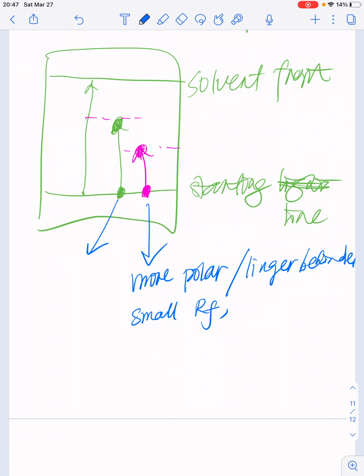And at the same time, the green dot will be less polar since it doesn't interact with a very polar surface much, and it's going to have a larger Rf value, right? That's a way for you to predict which product is which dot.